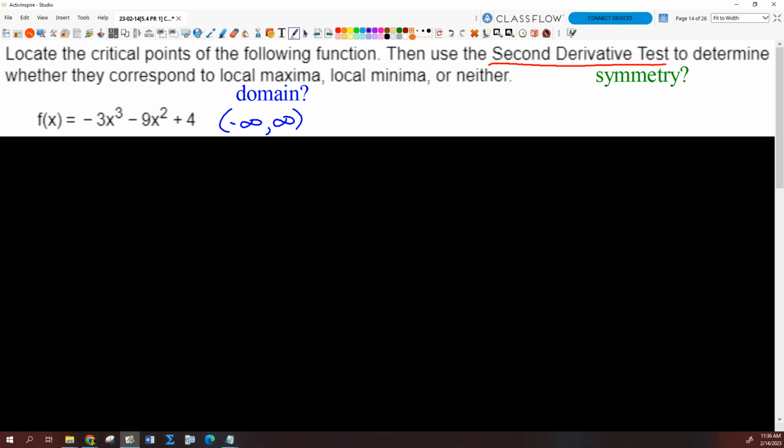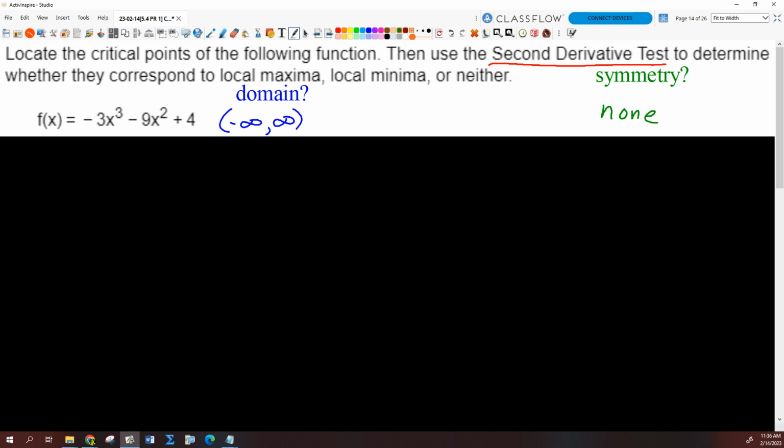If we have a polynomial with exclusively even exponents, guaranteed it's got even symmetry. If we have a polynomial with exclusively odd exponents, then we have odd symmetry. If we have a mixture, it messes it all up and we have no symmetry. So what's the outcome here? No symmetry. Yeah, there's no useful symmetry here.